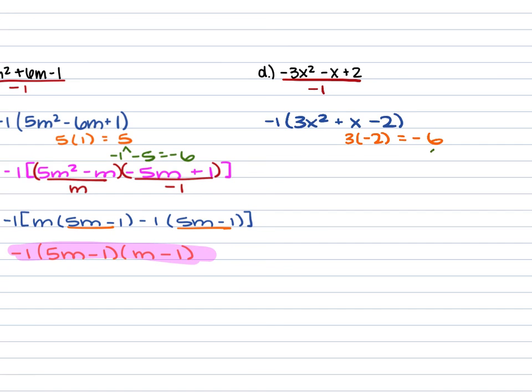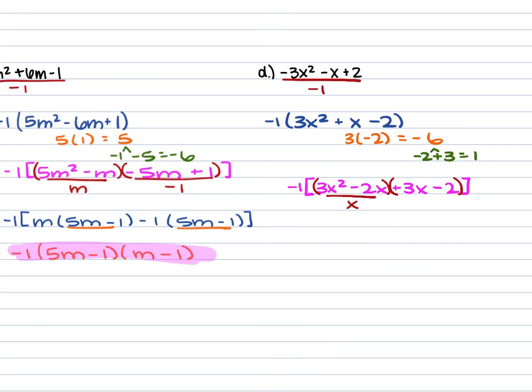The factors of negative 6 that add up to be a positive 1 are negative 2 and positive 3. So we are going to rewrite this as negative 1 times 3x squared minus 2x plus 3x minus 2. We have 4 terms inside those brackets, so we factor by grouping.